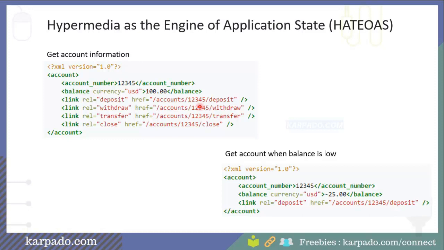For example, using this URL, you can deposit some money, or using this, you can withdraw some money, or transfer or close. But if you don't have enough funds, or if your balance is negative, then you shouldn't be prompted with links other than deposit, because when your funds are negative, you should not be able to transfer money or withdraw money. And that's why those links should not be shown. Well, this is what HATEOAS essentially is.